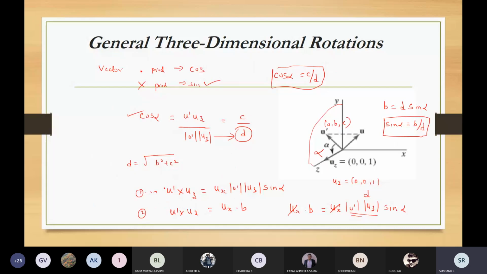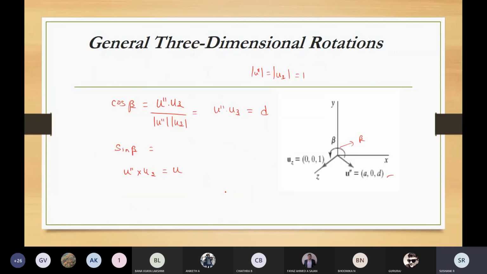I was using rotation about the x-axis with ux, now it will be uy, and then the determinants u double dash and uz into sine beta, so this term will be 1. If you simplify, u dash into uz will be equal to uy into sine beta.